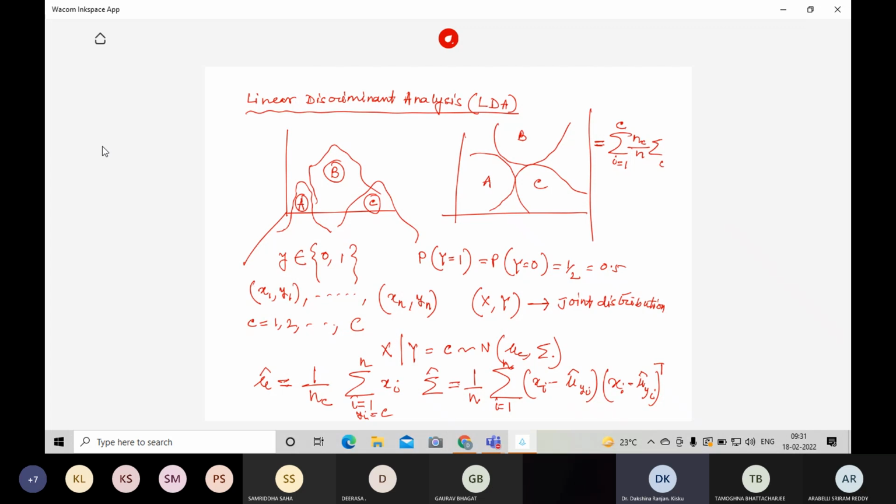So we get the summation over all the classes, that is, over n_c by n multiplied by the covariance matrix, for all the classes capital C. Here we determine the mean and covariance matrix for each class, then we get the summation over the covariance matrices for C number of classes.